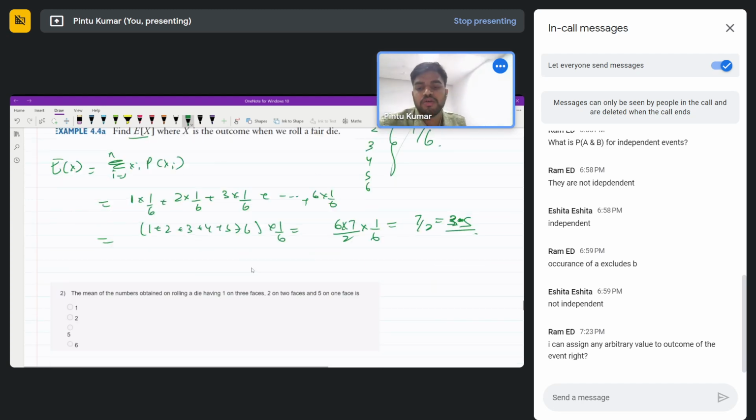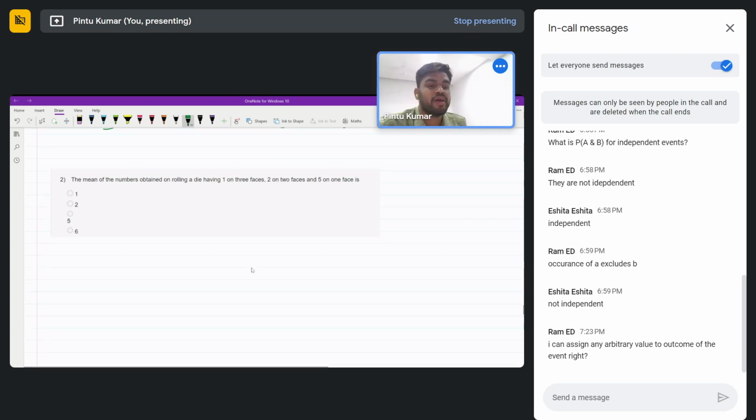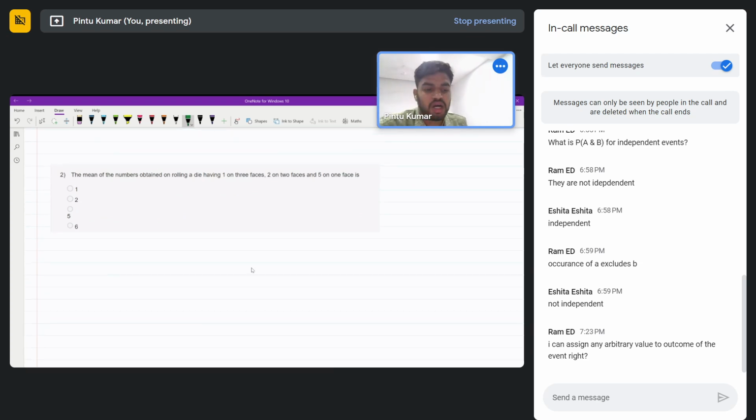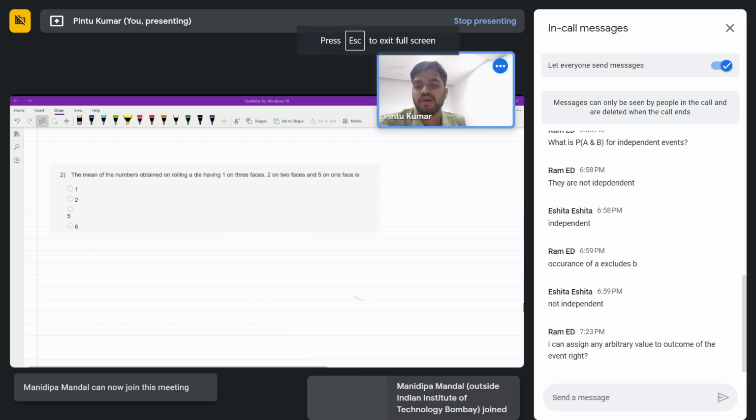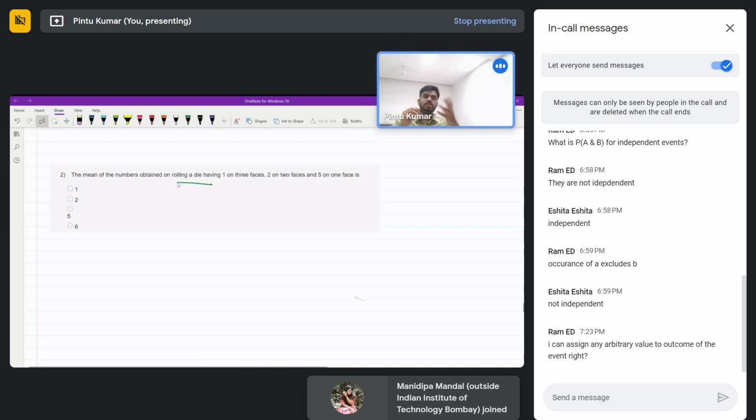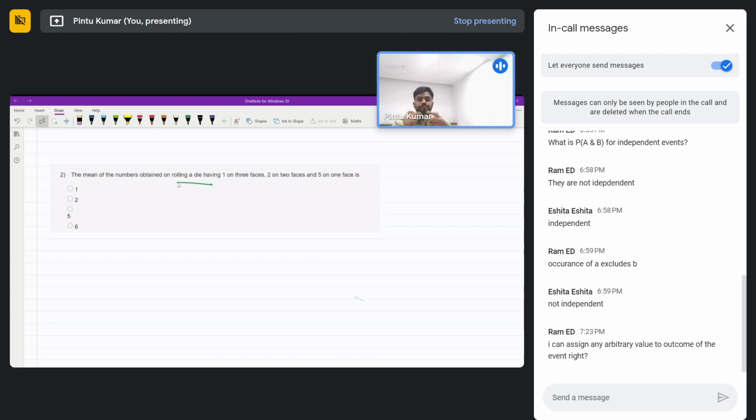So here is another question. I'll give you 2-3 minutes. You attempt this question, then I'll solve it. Again, you roll a die, but this die is not the same as your earlier die. It has 1 on 3 of the faces.